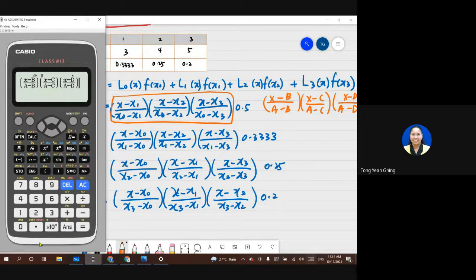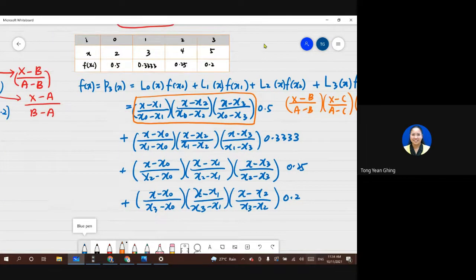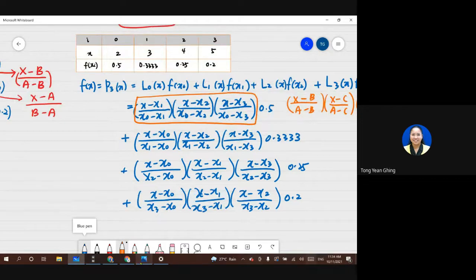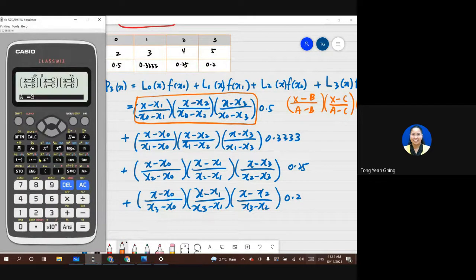So I press calculate. So x is still 4.5, and then the value of b. Now b here is x1. So x1 is 3. And then a is 2. The value of x2 is 2, and then c, this one x2 is 4.